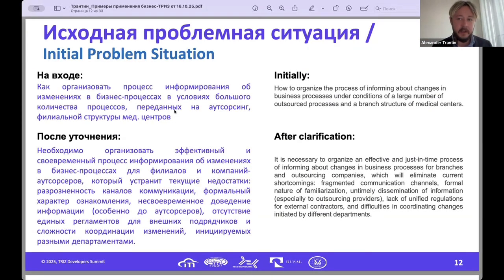So it's clear that in the beginning it's not enough to have only data, and as you know from Kulakov's presentation yesterday, we are using AI to turn a problem task into a real situation.